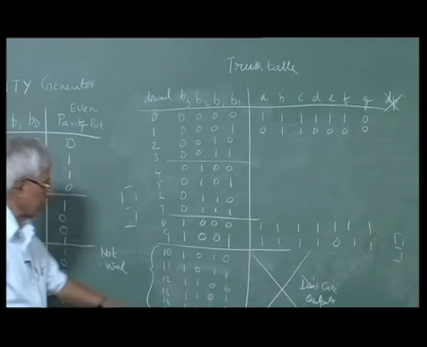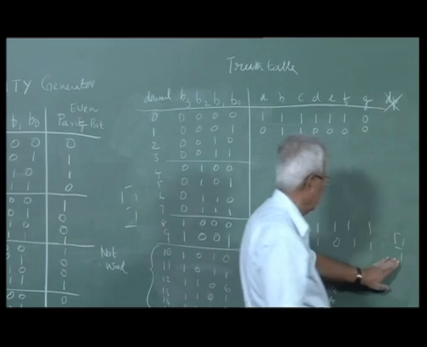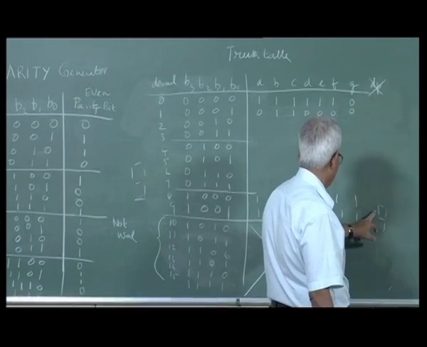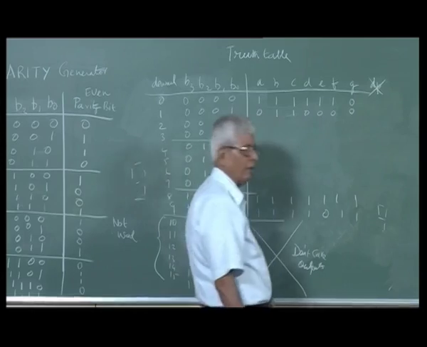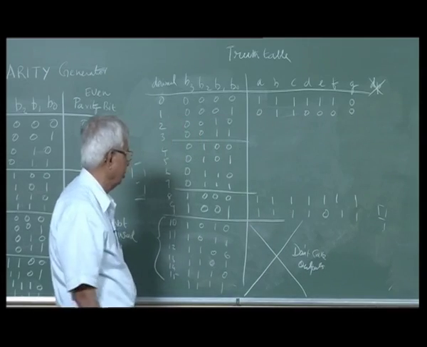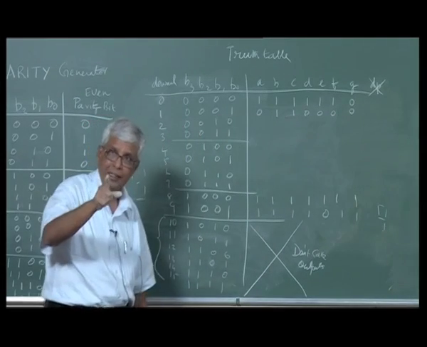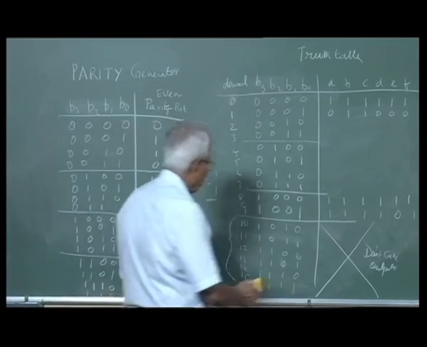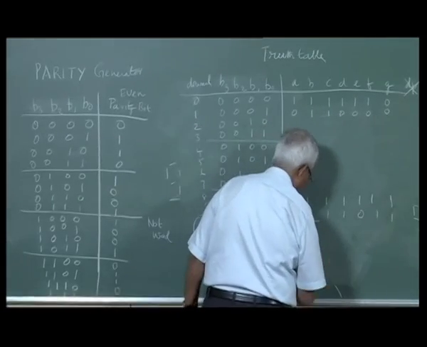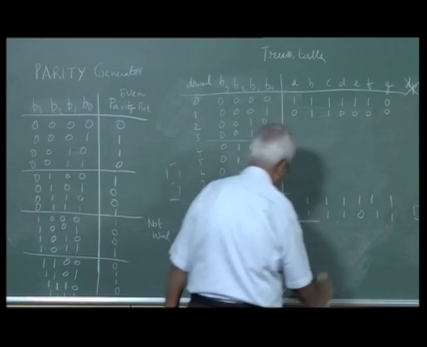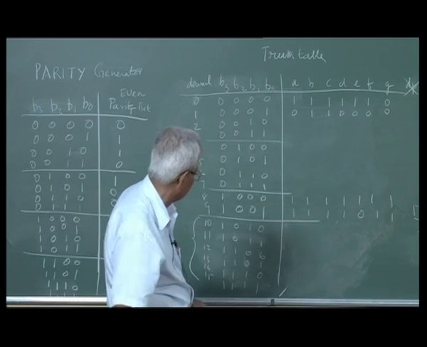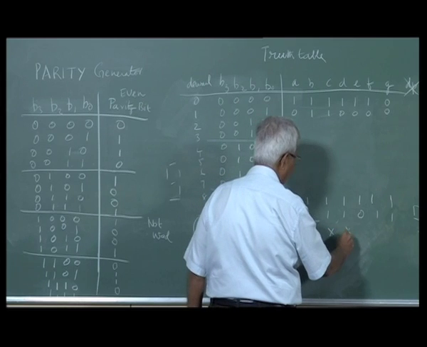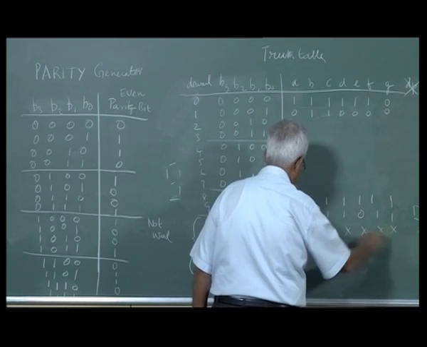If you do not want this, A, B, C, F, G. Anyway, your great advantage is that I am going to put all don't cares here. They can be 0 or 1.